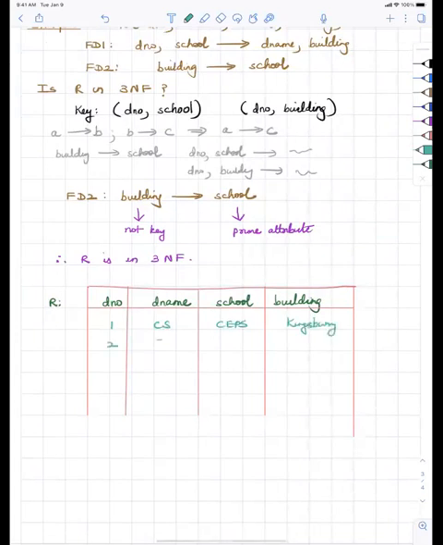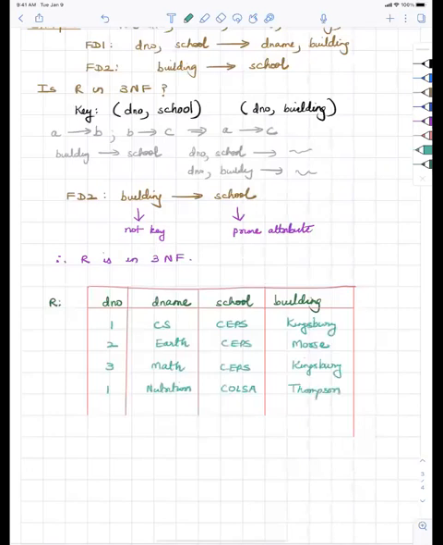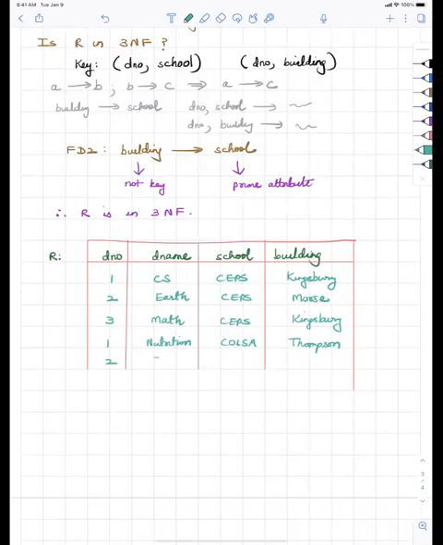D number 2, Earth Sciences, SEPS in Morsol. Math Department, SEPS, Kingsbury. Then D number 1, Nutrition, Colsa, Thompson. I couldn't remember the name of the building where nutrition is done. And let's say we have Earth Sciences again in Colsa.